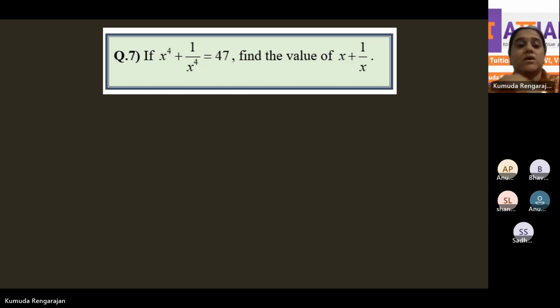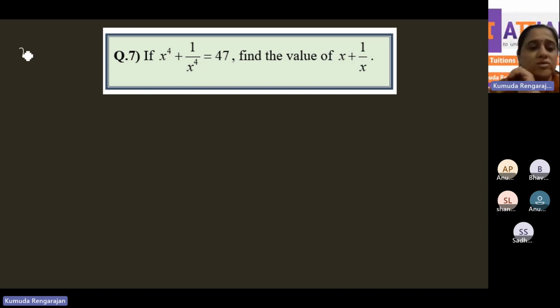So now using x to the power 4 plus 1 by x to the power 4, what can you immediately find? You can find x squared plus 1 by x squared. See here, what is given? X to the power 4 plus 1 by x to the power 4 is 47. We need to find x plus 1 by x.